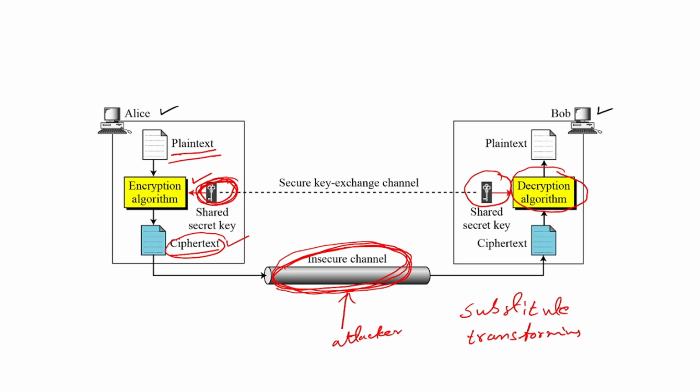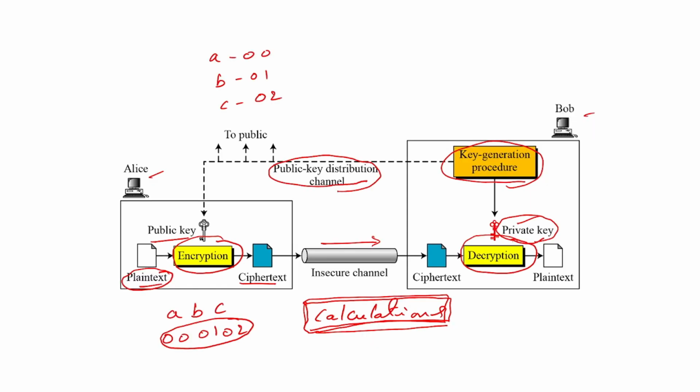That is one technique, and replacing the characters in the place of another character is substitution. So here the encryption and decryption operations are performed on characters only, but in asymmetric cryptography we are performing the encryption and decryption operations on values.